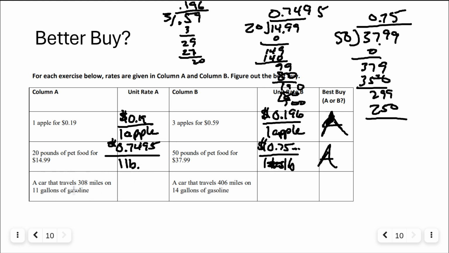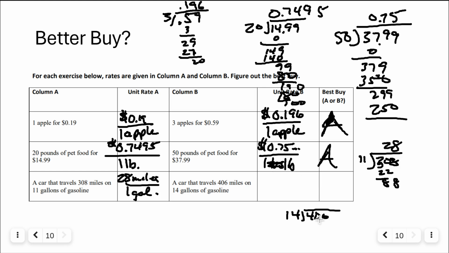And then finally, a car that travels 308 miles on 11 gallons of gas. So 11 into 308. 11 goes into 30 twice. 11 goes into 88 8 times. So that's 28 miles for every 1 gallon. And then 406.